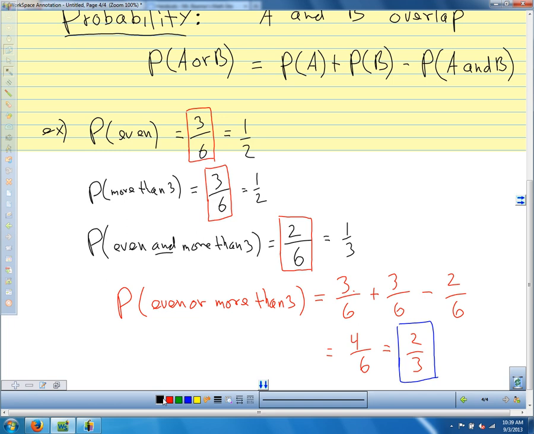And then for overlapping events, one or the other, but we have some things in common, that or tells us we're going to add, but we have to subtract the part that they share. So we learned 3 different rules today. And probabilities we multiply, or probabilities we add, and for overlapping events we add the probabilities and then subtract the parts that they share.